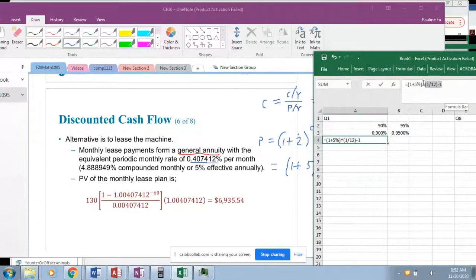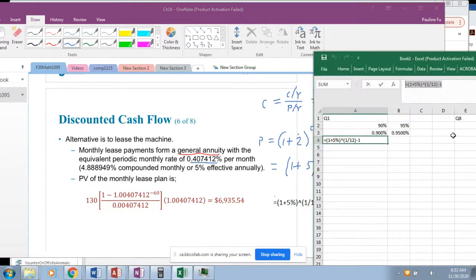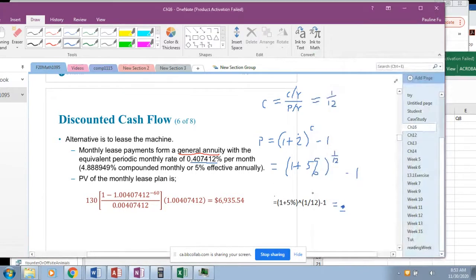So I'm going to copy this over here. So this result equals 0.0047.